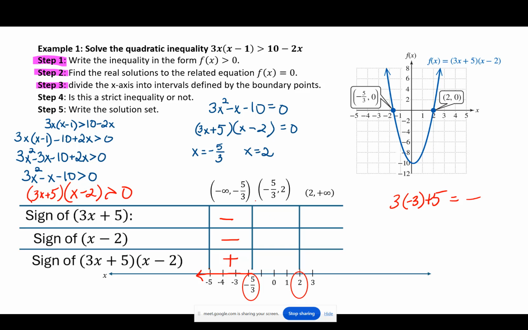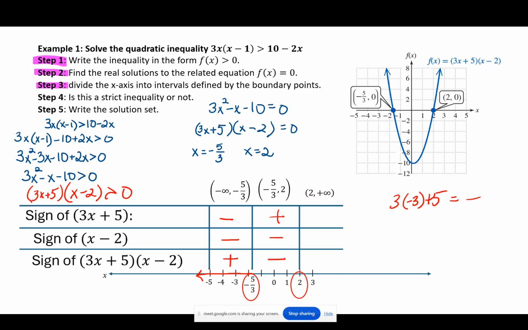If I look at the interval from -5/3 to 2, I can pick x equals 0. That's easy. So if I put 0 into 3x plus 5, I get 5, which is positive. If I put 0 into x minus 2, I get -2, which is negative. And therefore, the sign of that product is negative, because positive times negative is negative.